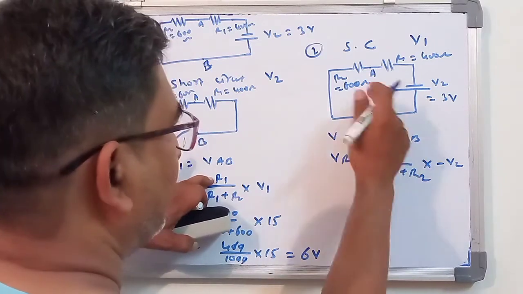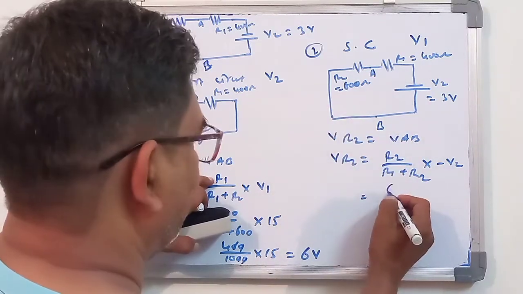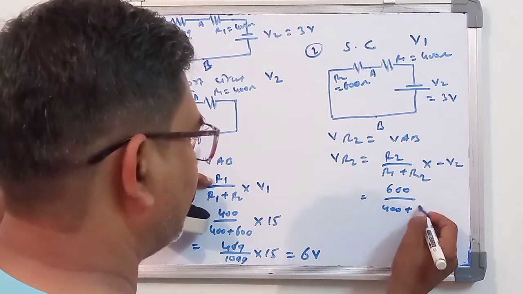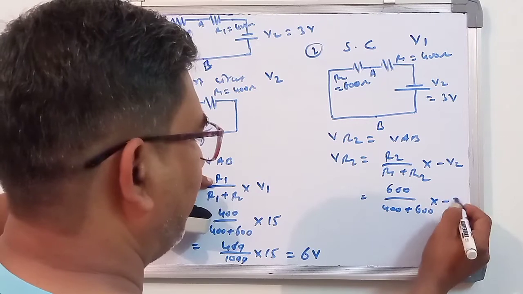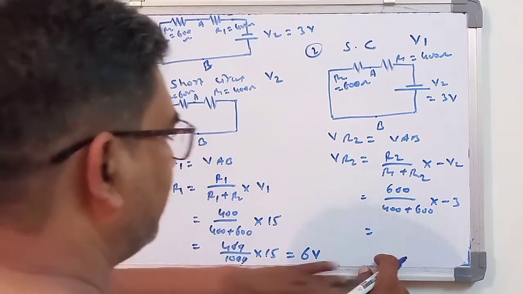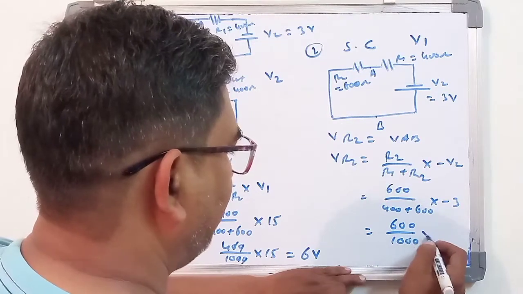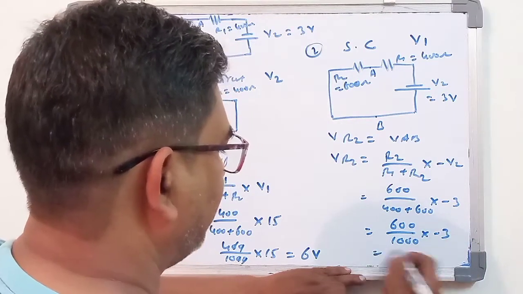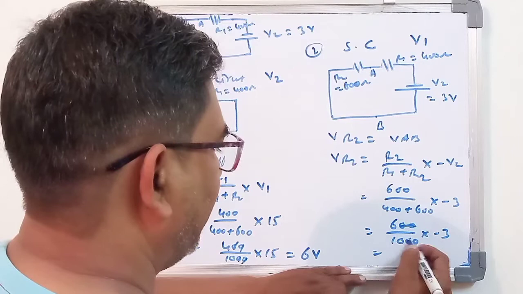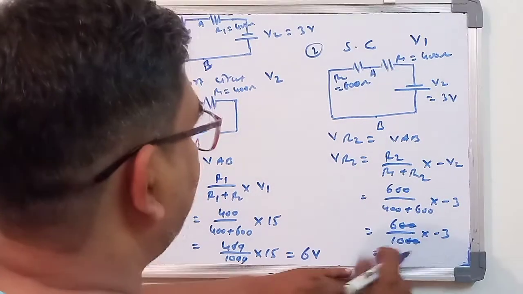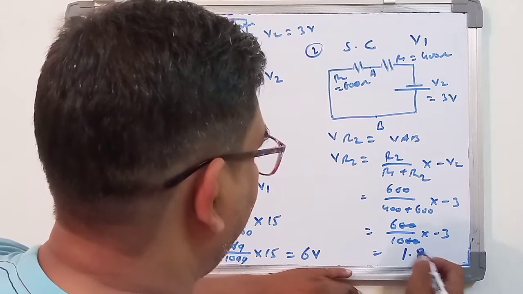Okay, so here what is the value for R2? It is 600 divided by 400 plus 600 multiplied by minus 3, which is 600 divided by 1000 multiplied by minus 3. This one will get cancelled, here 30 and 3, you will be obtaining this value as 1.8 volt.